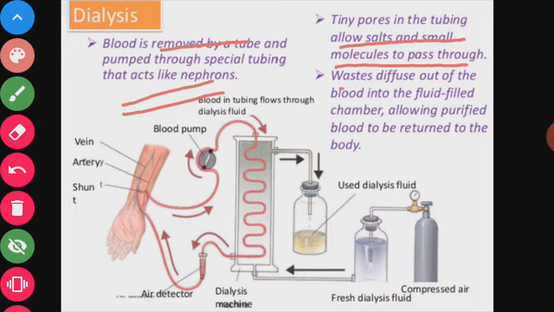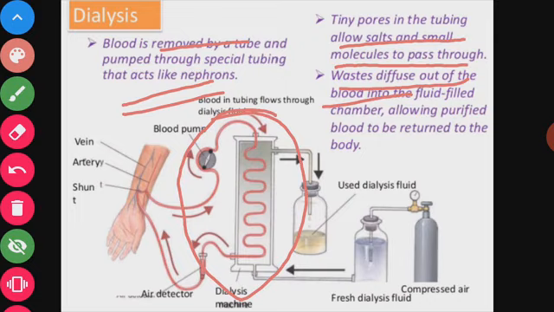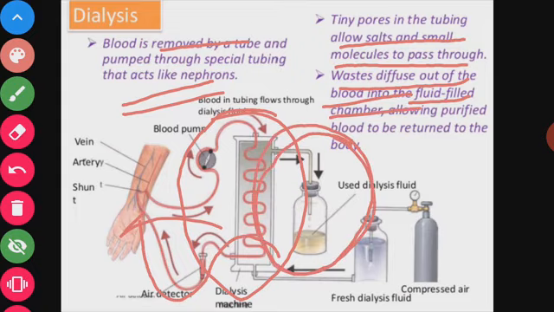Waste diffuses out of the blood into the fluid-filled chamber, allowing purified blood to return to the body. This is how a dialysis machine works.